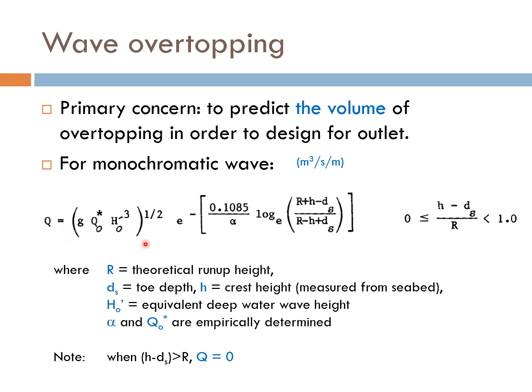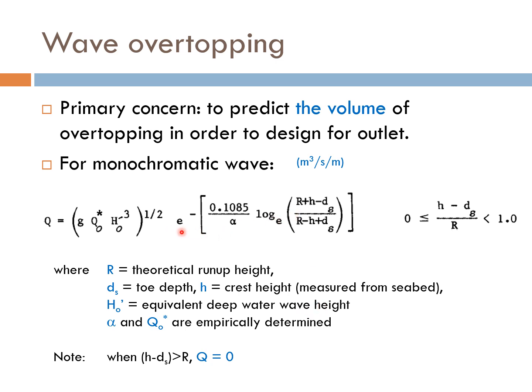And if we look at the equation, it has this bracket here, which is a square root. It has g, it has Q naught asterisk. Q naught asterisk is basically going to be empirically determined together with the value alpha here from the chart on the next slide. And it has this H naught prime, which is the equivalent deep water unreflected wave height.